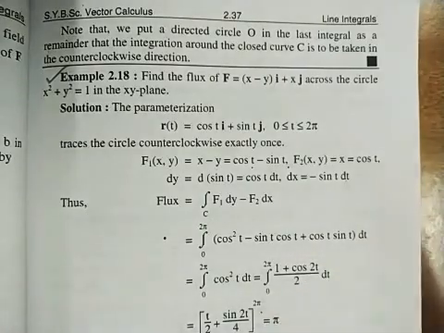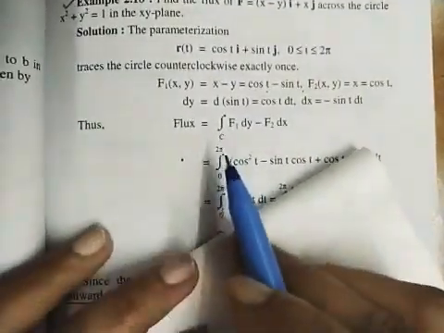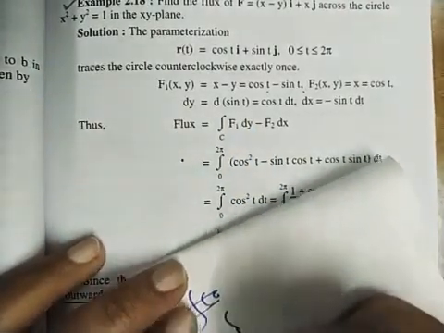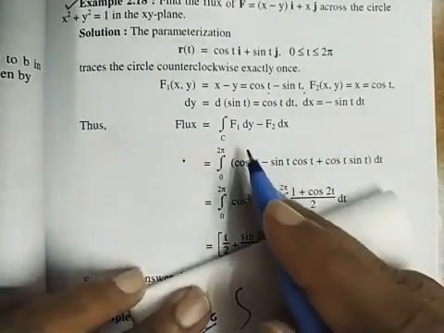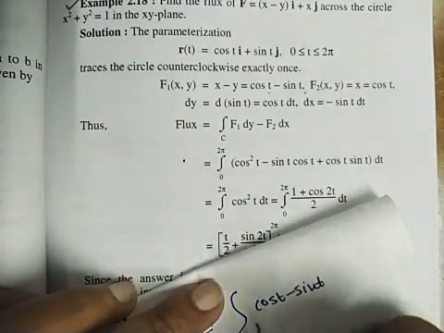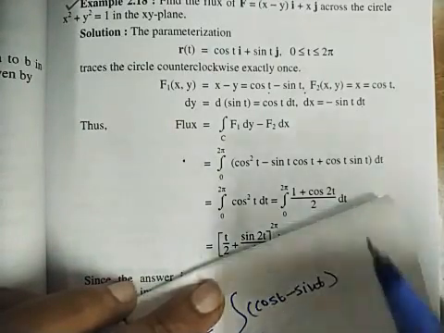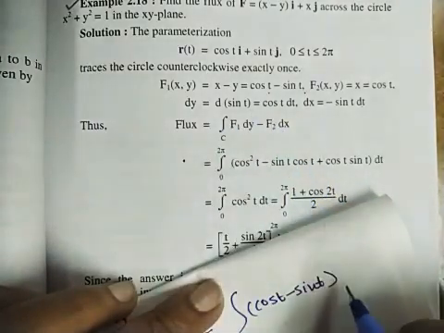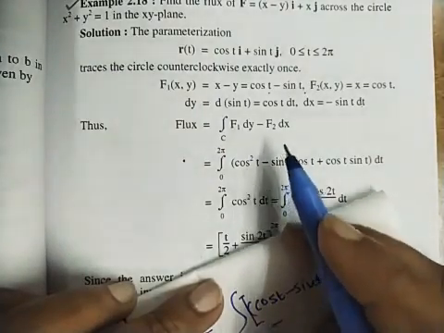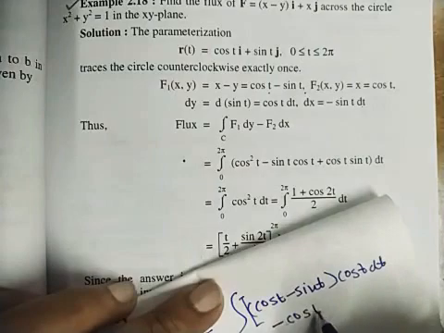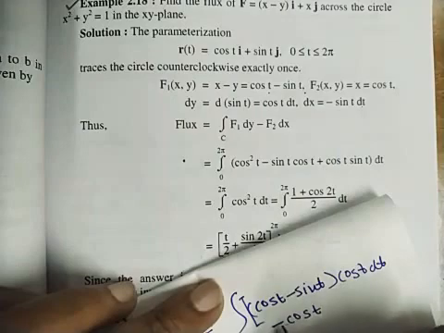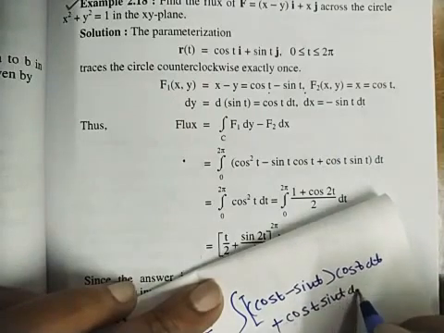So it will be the integration of F1, which is cos t minus sin t, times dy, which is cos t dt, minus F2, that is cos t, times dx, which is minus sin t dt.